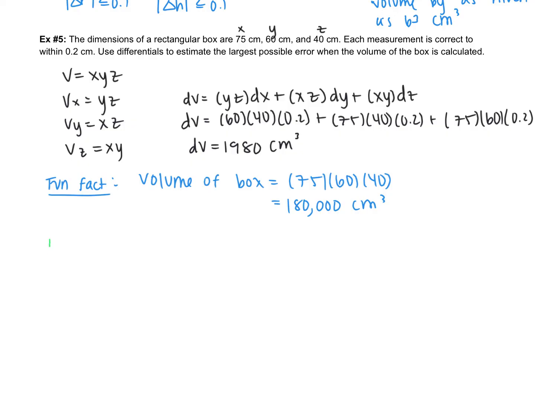So then our error is 1980 over that 180,000. And of course, remember that 1980 is just an approximation, which is about 1.1%. So it's pretty good. An error of 1.1%, not bad at all.